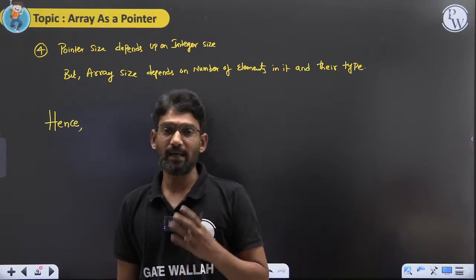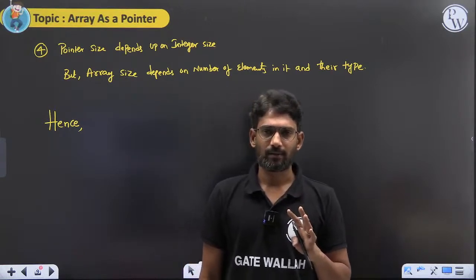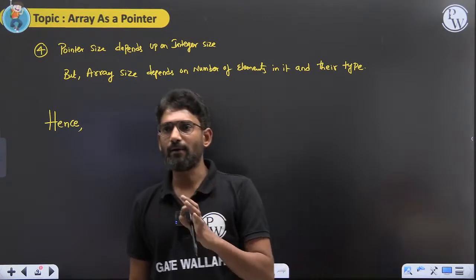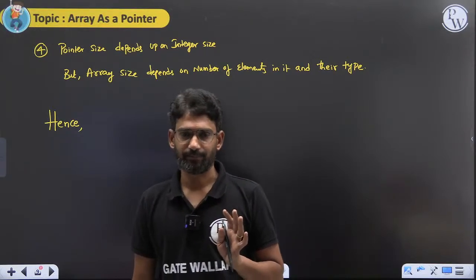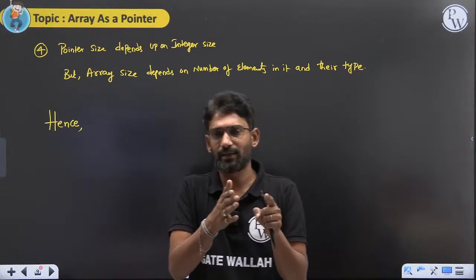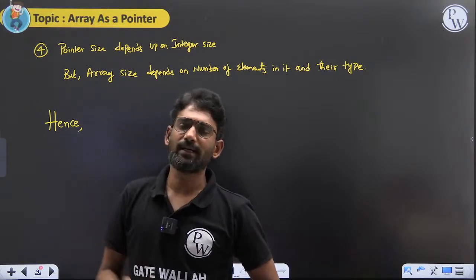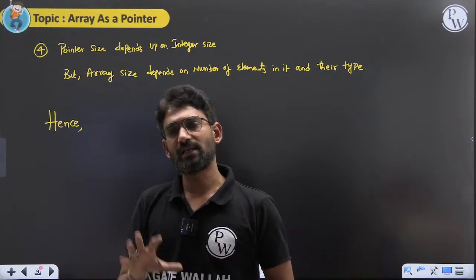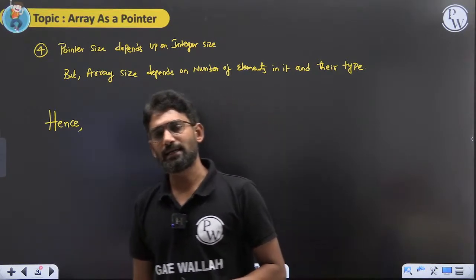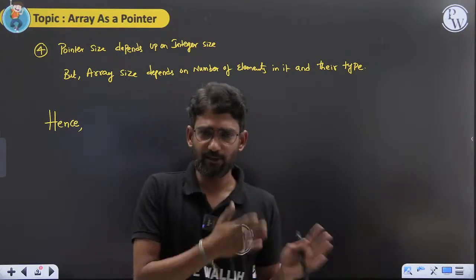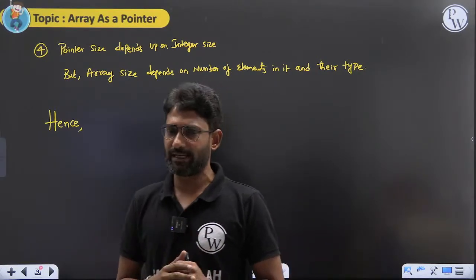I have to tell you, size of integer is compiler dependent. So what bit compiler are you using? All the online compilers today are mostly 32-bit compilers. Hence, you will get 4 bytes. If it is a 64-bit compiler, you will get 8.